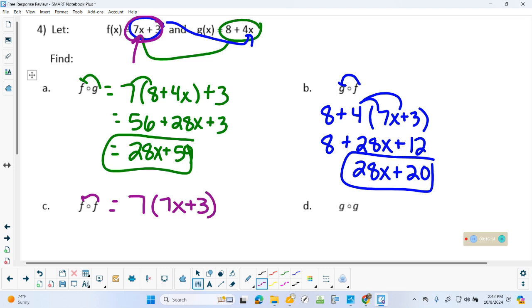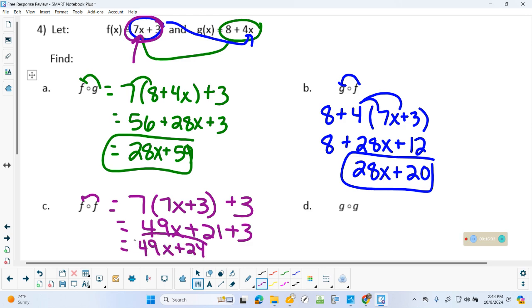This is silly. And then we have to add 3. And of course, same deal, distribute, you can take it from there. So 49x plus 21 plus 3. And let's just total up 21 and 3, of course, to 24. I know, I'm running out of room. I just don't want to scroll it because I want to keep those functions up there.